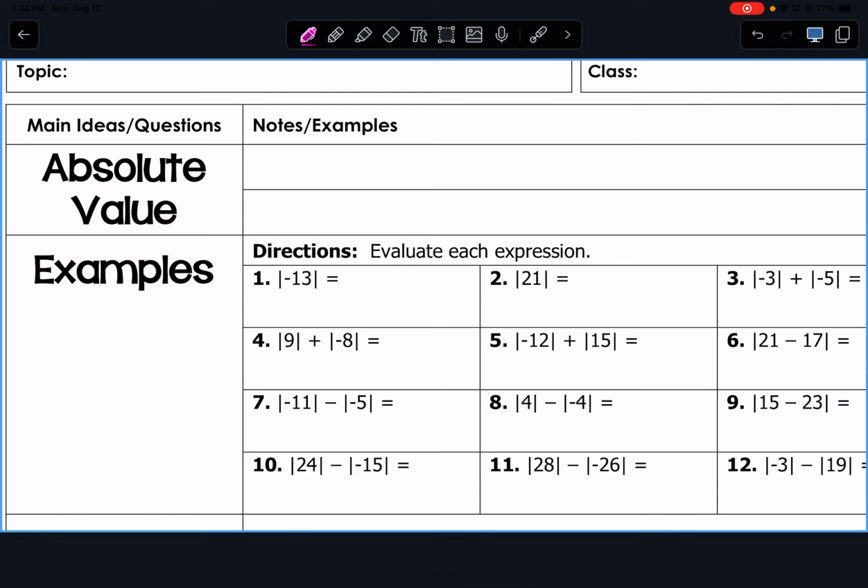Yeah. So we are going to talk first about absolute value. What does it mean to be absolute value? It can't be negative. Because what is it talking about? How far away it is from zero, how far from 0? So we're going to put the distance from 0.